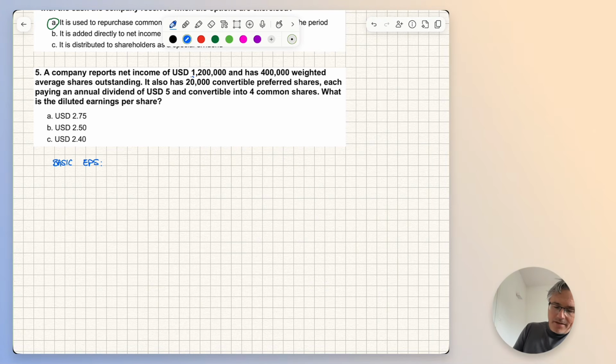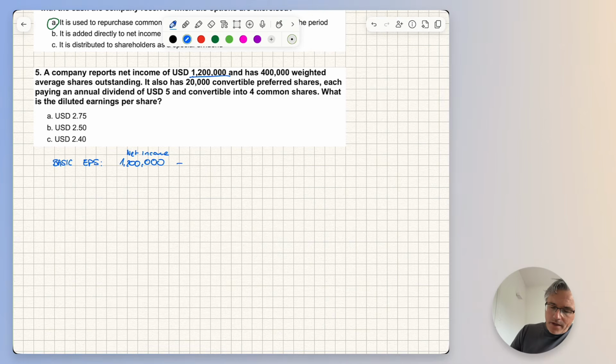We take the net income of 1,200,000 from up here. Right, what do we need to do? In the basic EPS fraction, what you're supposed to show in the numerator is the net income available to ordinary shareholders. From the net income figure, the company still needs to make a payment to the preferred shareholders, who receive a preferred dividend.